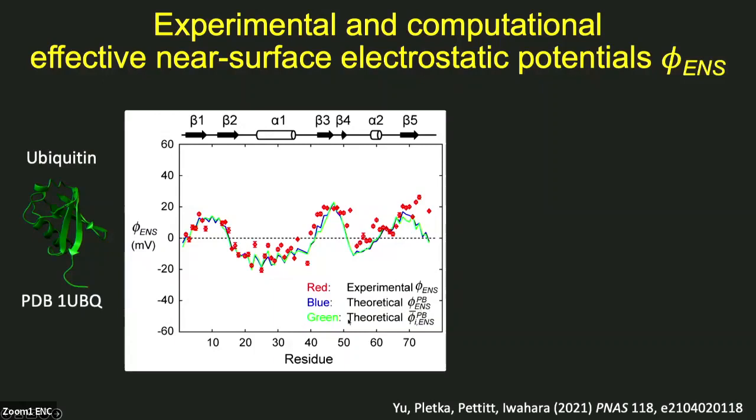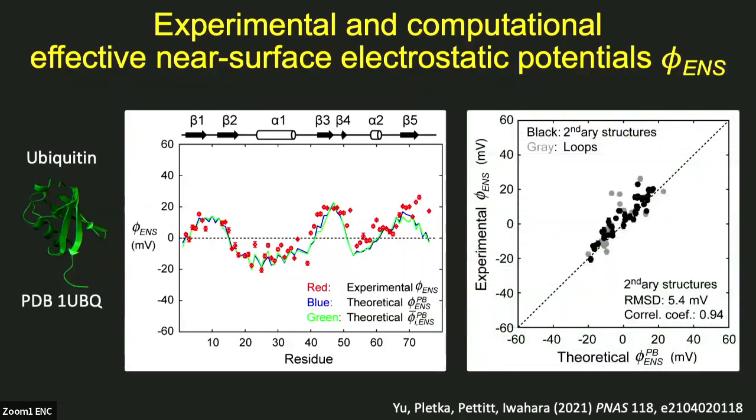And green is basically a simplistic approach using a particular cutoff for the proximal zone around each proton nucleus, and basically it is just average of that. As you can see, the experimental phi ENS values are quite close to the calculated electrostatic potentials. And if you compare them in the correlation plot, it's like this, okay?